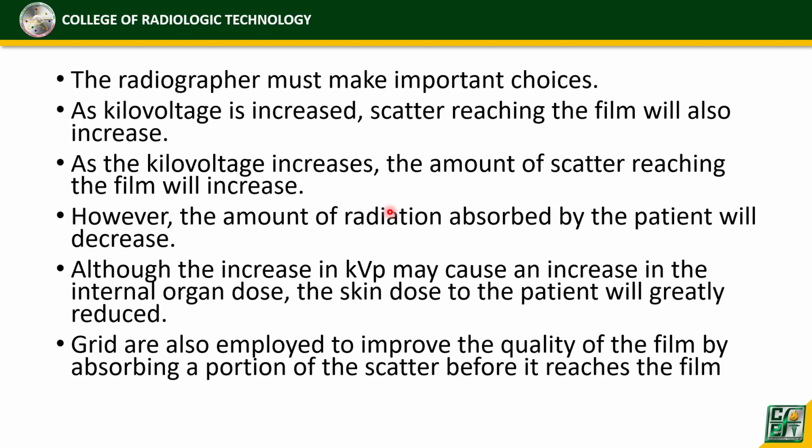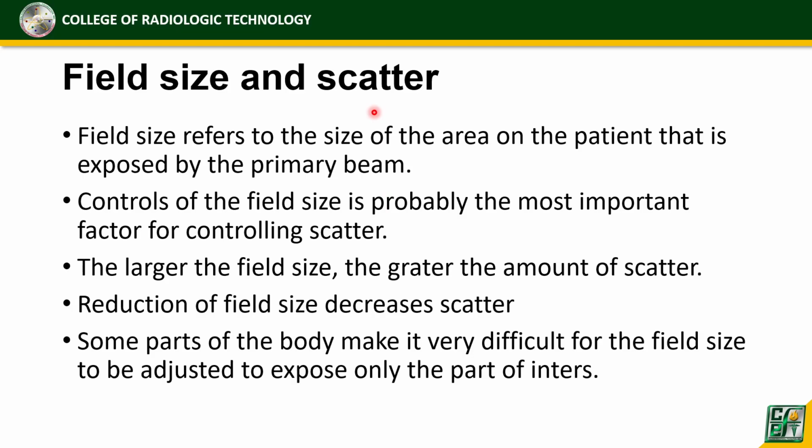Ito ay paggamit ng tinatawag na grid. So grid is used to improve the quality of the film by absorbing a portion of the scatter radiation before it reaches the film. Okay. So yun yung grid.